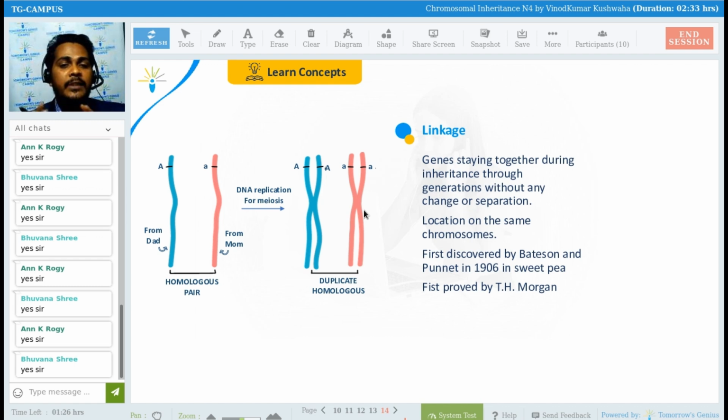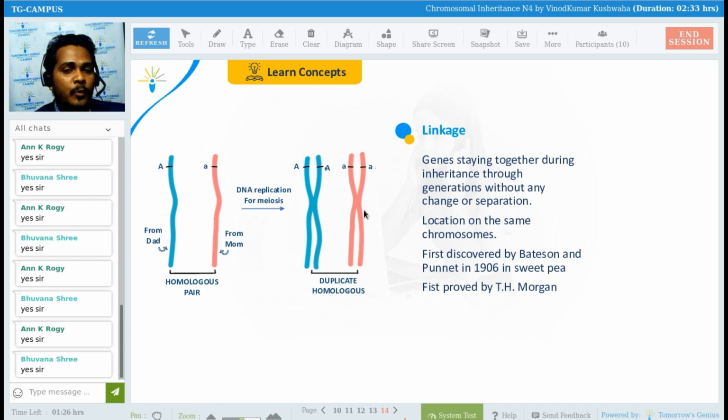That means if two genes are present on the same chromosome, they have to be linked together during inheritance through several generations. Suppose in your generation the chromosomes are linked, they have to link through generations, and that is what is called linkage.